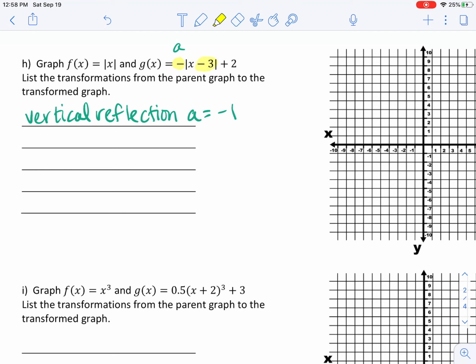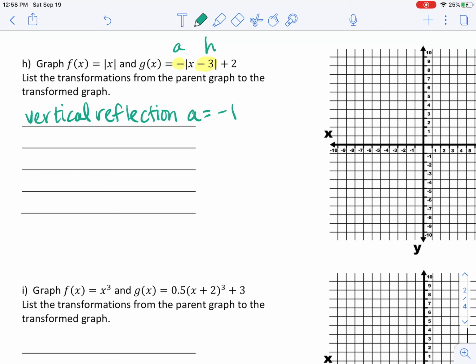I see a -3 inside the absolute value. So remember, inside the parentheses, the absolute value, under the square root, there's a value that's grouped with the x, and that is your h, and it's opposite of what you see. So if I see x - 3, it's not moving 3 to the left, it's actually moving 3 to the right, opposite of what I see.